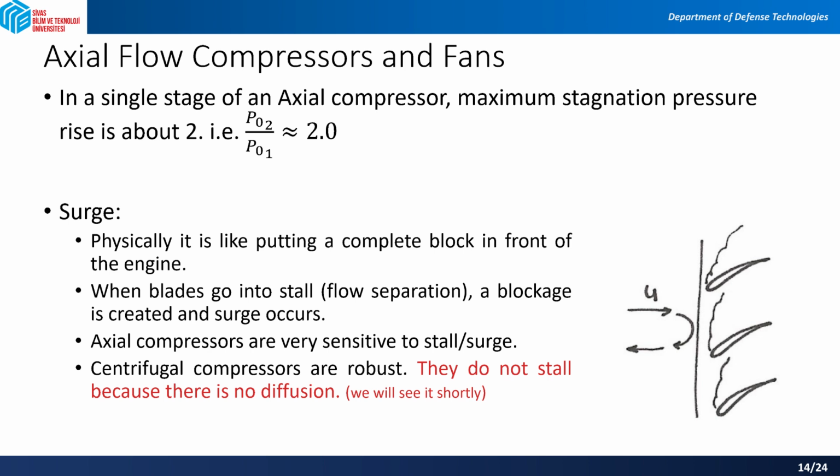Now let's have some ideas. The first is that what is happening inside an axial compressor is that the flow pressure is increasing. But the stagnation pressure ratio, the maximum amount that can be increased inside one stage, I mean inside one rotor and one stator, is limited and it's about 2.